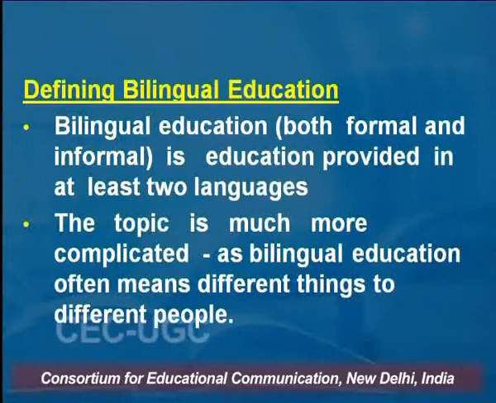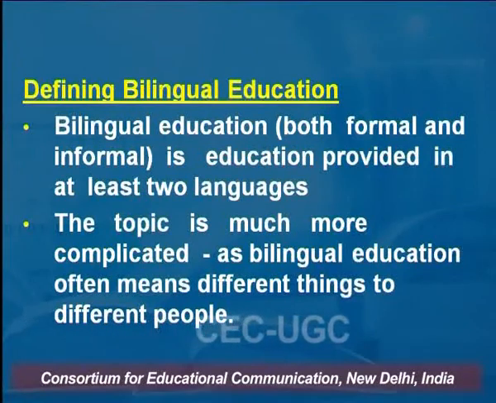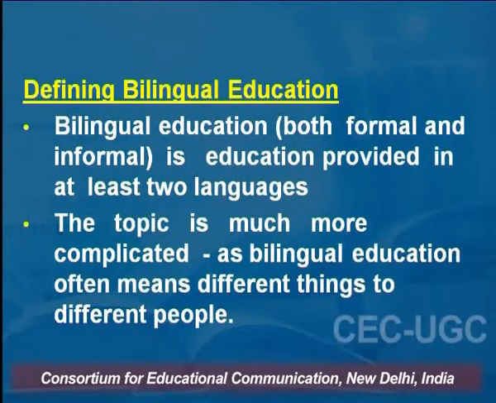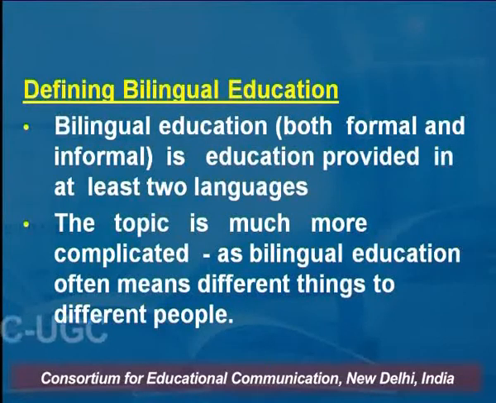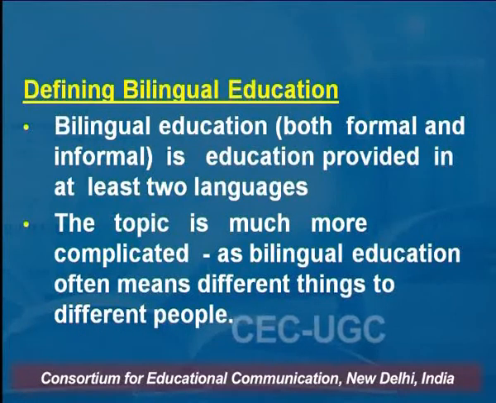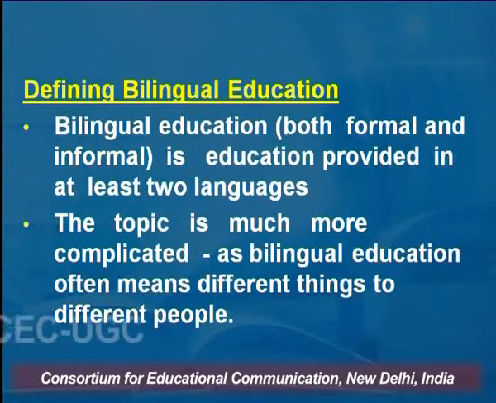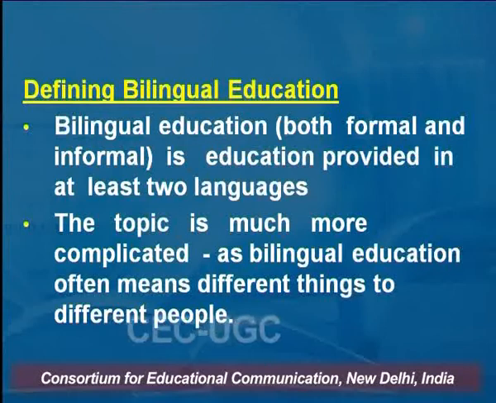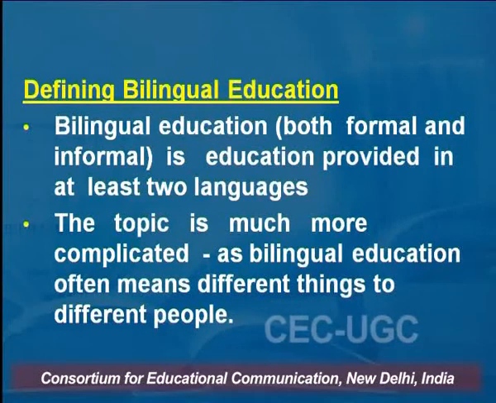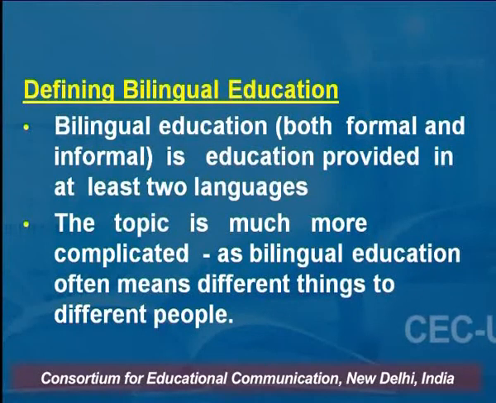It also means that bilingual education would mean different things to different people. How would it be different? It can be read by a few people as teaching certain topics in both Hindi and English, both Hindi and Kannada, or Marathi, Hindi and English.